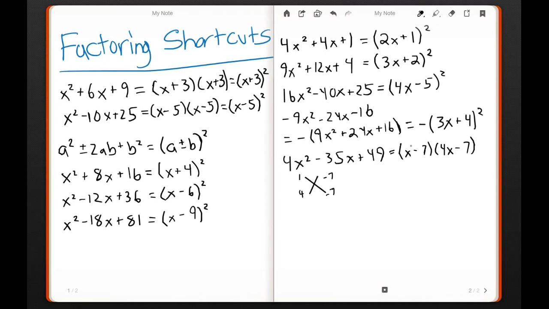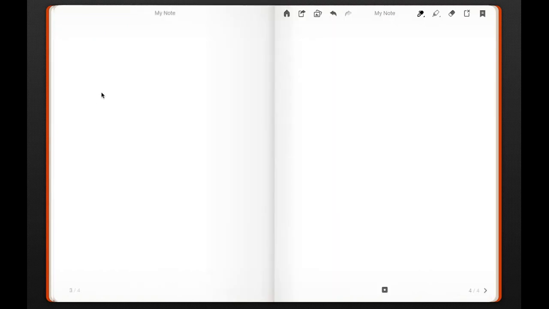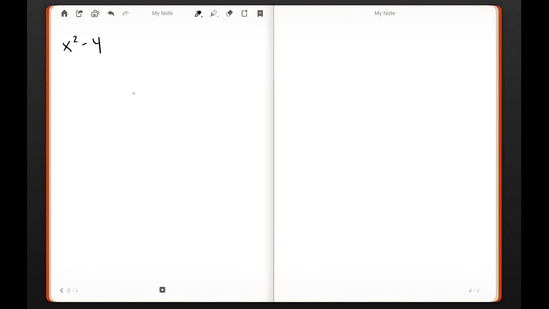Okay. So now let's introduce another factoring shortcut for a different type of problem. Something that looks like this.